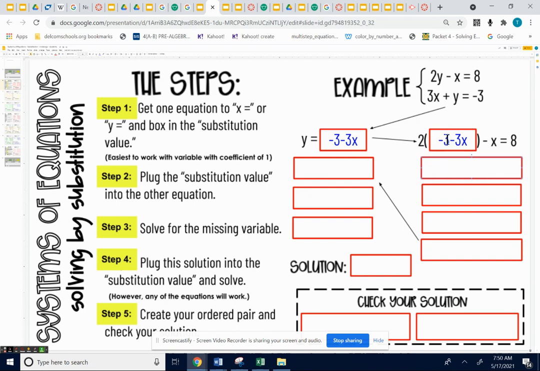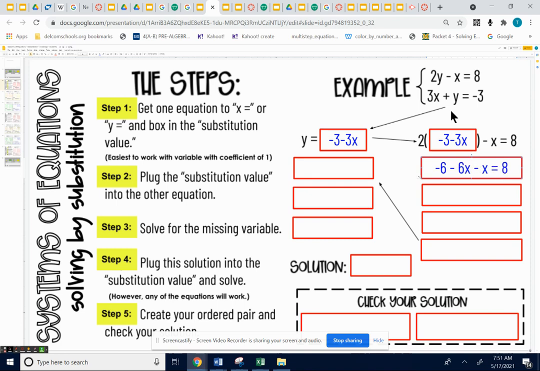I'm first going to use the distributive property. 2 times negative 3 is negative 6. 2 times negative 3x is negative 6x. I still have the minus x, the equals, and the 8.